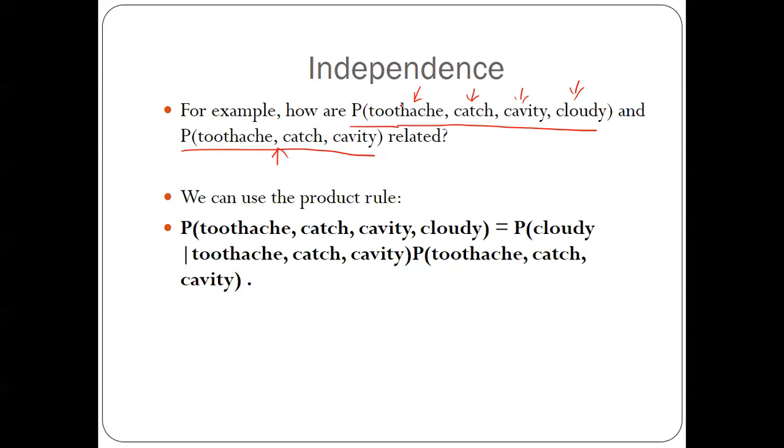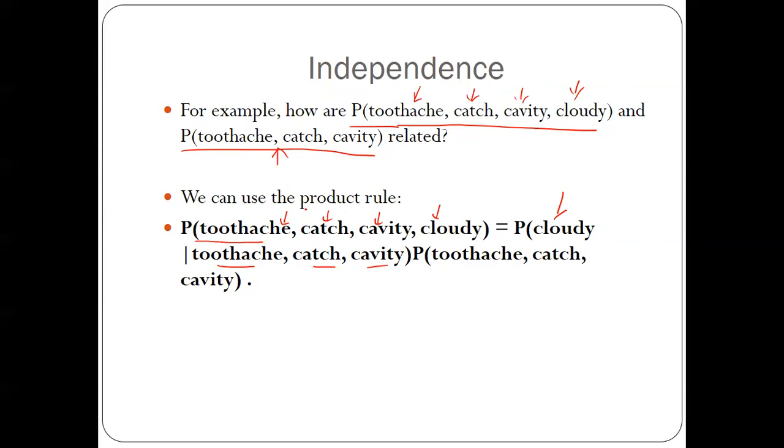The probability of toothache, catch, cavity, and cloudy can be represented as the probability of the weather being cloudy, given that someone is having toothache, catch, and cavity.